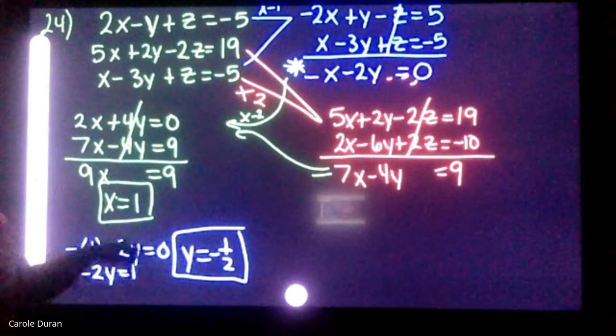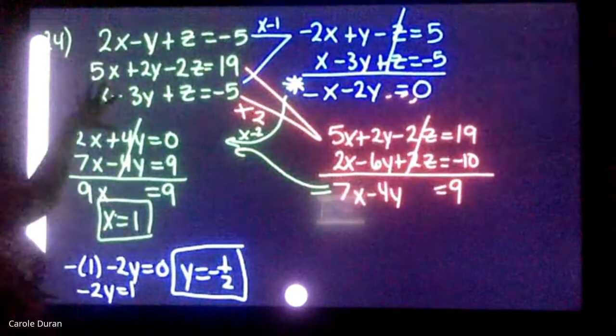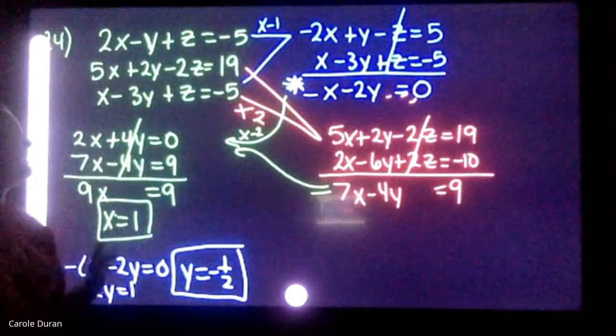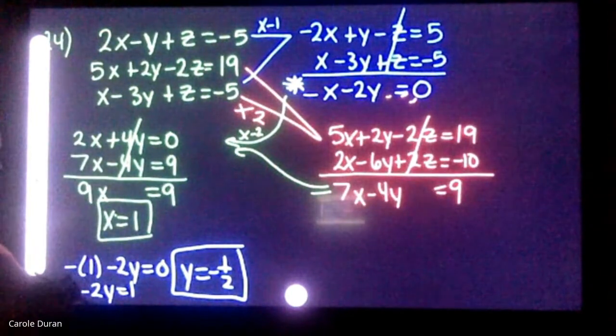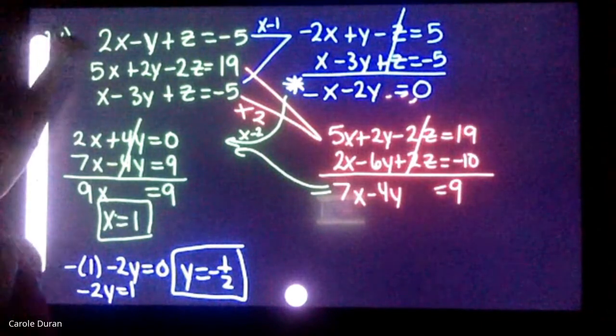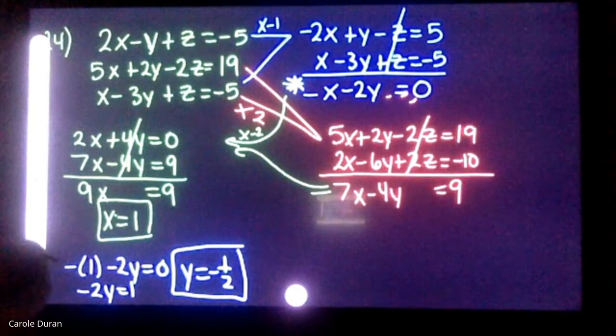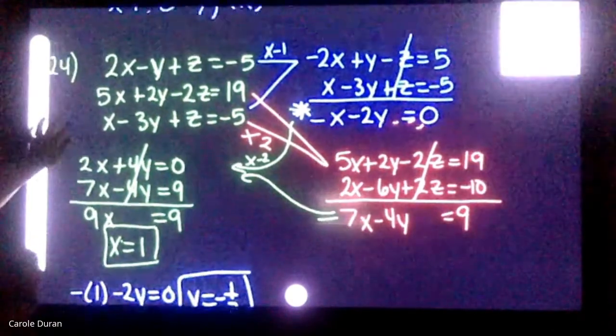And then I'm going to take the x and the y, and plug them into any of the original 3 equations to solve for my z. I'm going to use the top one because z doesn't have a number in front of it, and it has the least number of negatives in it, in my opinion.